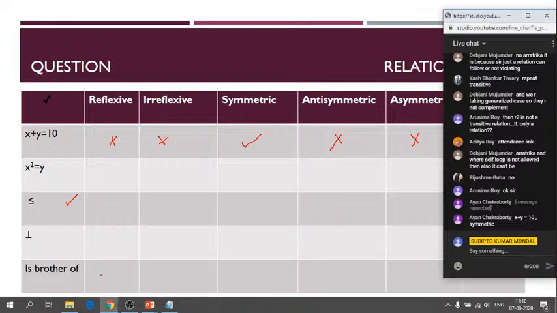Is less than or equal to reflexive? Reflexive means self loops are allowed or not. Try to give your response, please.